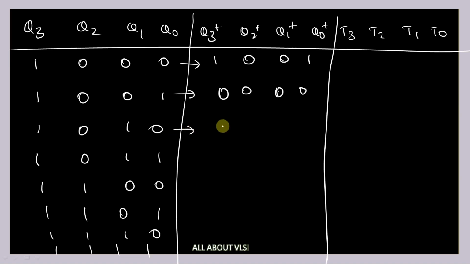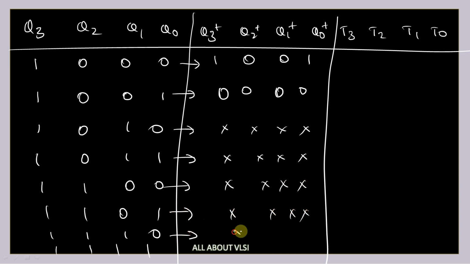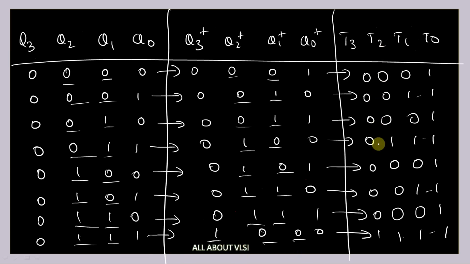Then after 10 I will consider all of them as don't cares. So I have filled the values of T3, T2, T1, T0 by following the excitation table of the T flip-flop.